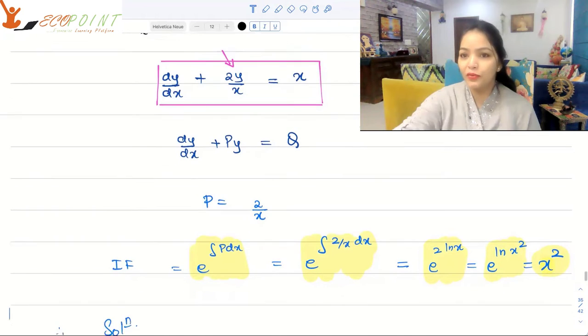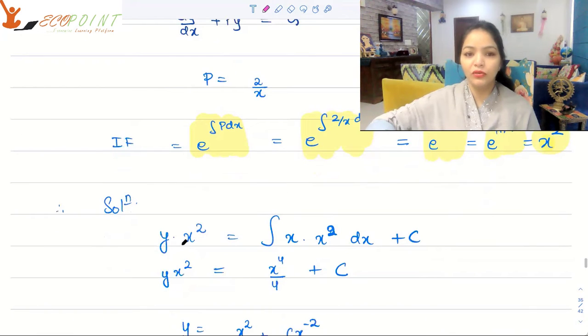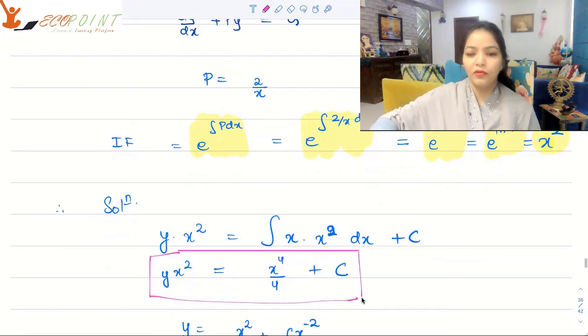So we will multiply throughout by the integrating factor, and your solution will look like this: y into x squared equals the integral of x into x squared dx plus c. So y x squared equals x to the power 4 by 4 plus c.